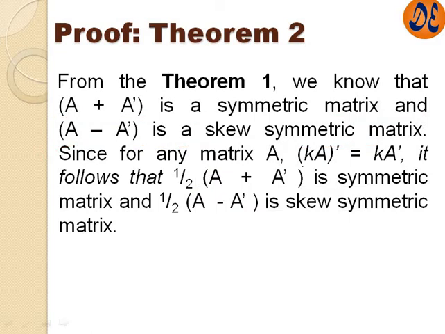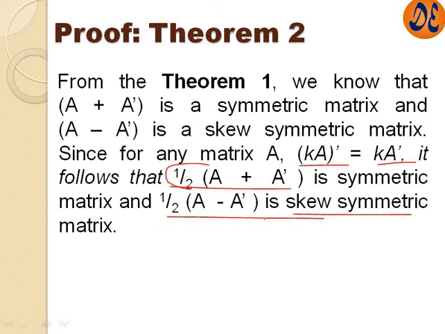It follows this particular rule: if A plus A dash is a symmetric matrix, then half of A plus A dash is a symmetric matrix. If A minus A dash is a skew symmetric matrix, then half of A minus A dash is a skew symmetric matrix. So this is the proof of your second theorem.